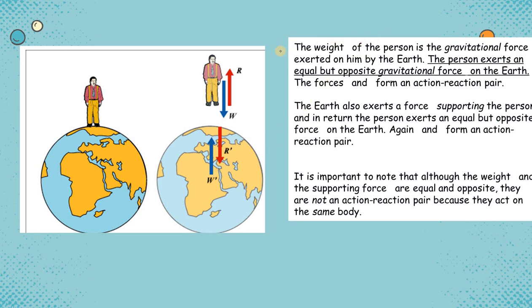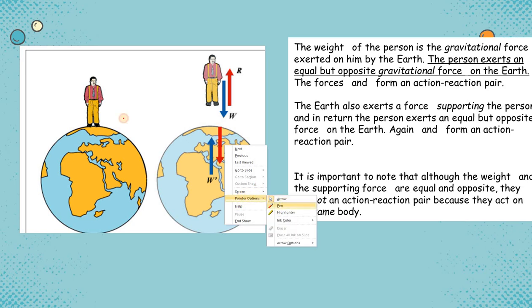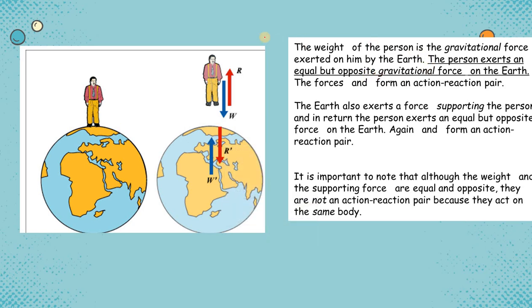You can take a note that the weight of a person is a gravitational force exerted on him by the earth. Whenever we say weight, it is a gravitational force exerted on him by the earth.